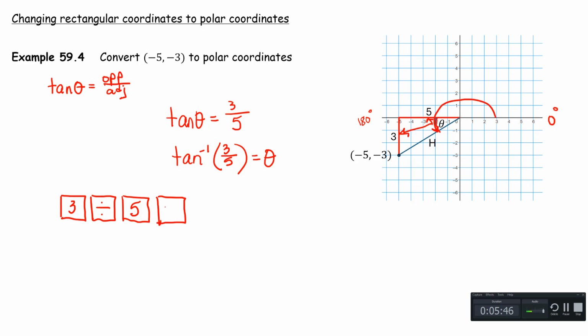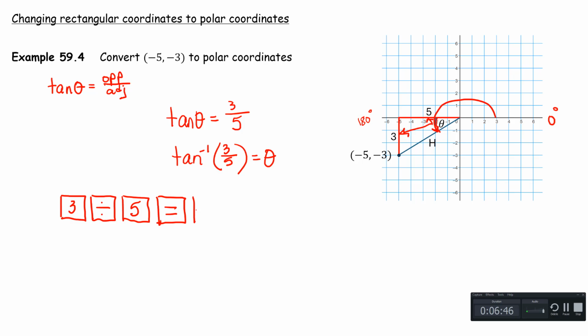Then I'm going to hit equals. Because if I don't hit equals and then I hit inverse tangent, I'm going to be taking the inverse tangent of 5 because my calculator doesn't know that I want to take the inverse tangent of 3 divided by 5 unless I hit the equal sign before I hit inverse tangent. So you're going to hit 3 divided by 5 equals.